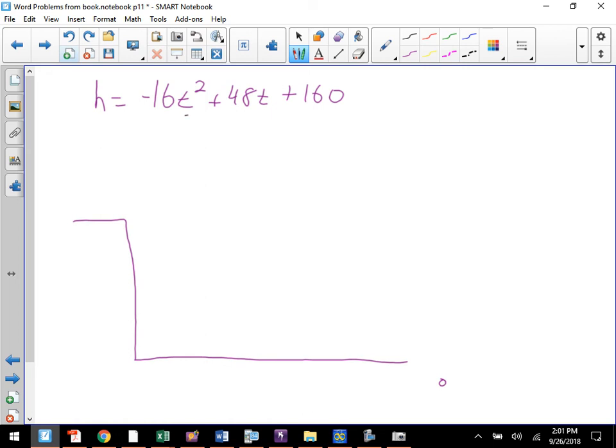Now, this value of t is representing time in seconds. Notice that it's in the formula ax squared plus bx plus c, so t is taking control of the x-axis, right? H is taking control of the height, the y-axis. So you know you're starting at 160 feet up. When they throw it, it goes up and hits there.